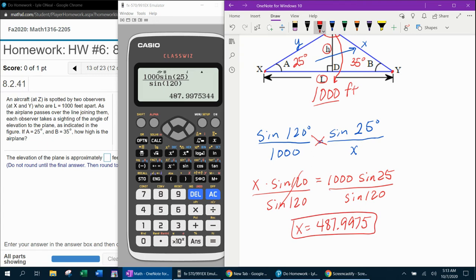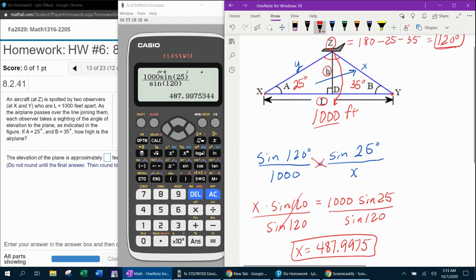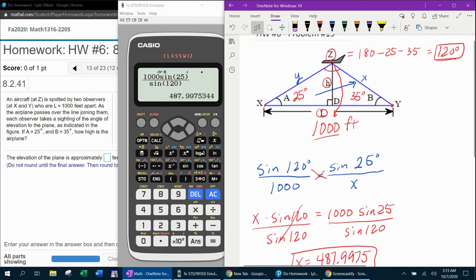Again, we can round that as far as we want. The farther you take it, the more accurate your final answer is going to be. And I'm going to label that in my picture, 487.9975.